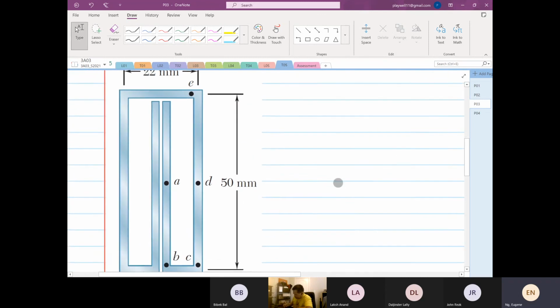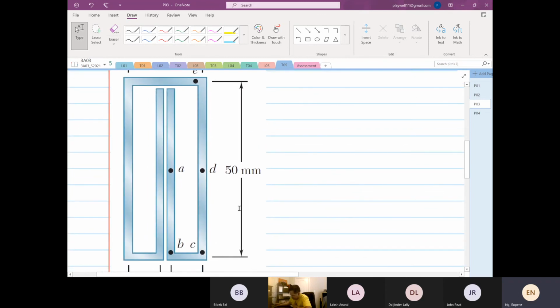That's the first assumption that we make. I know it's not really at the center because there's a gap, but we're not given the distance of the gap. So this is our centroid. I'm going to draw a straight line first.